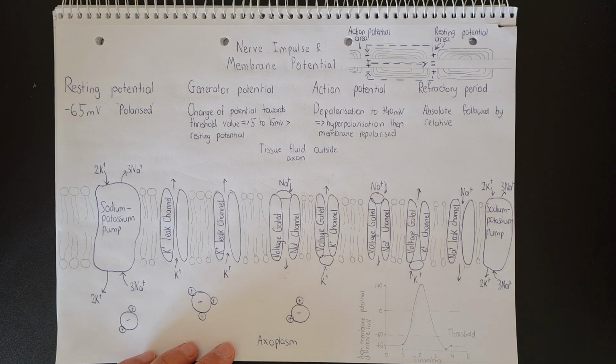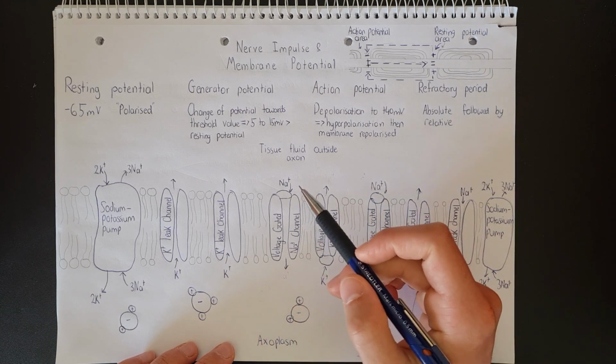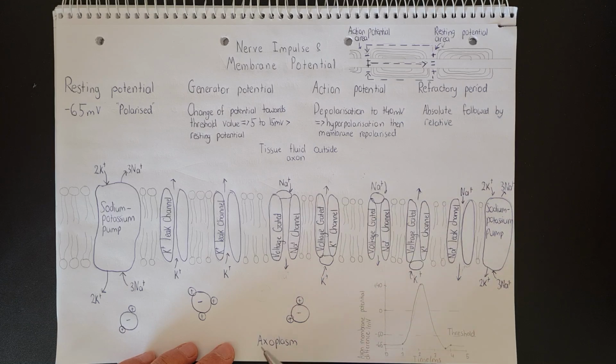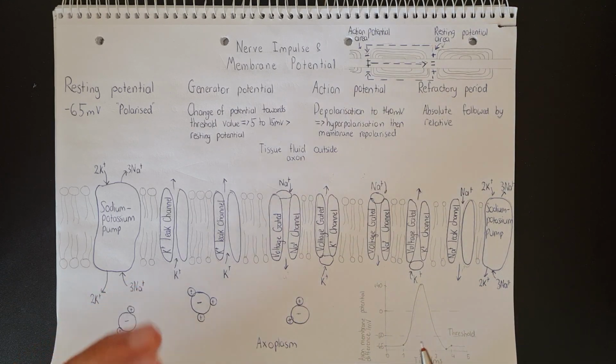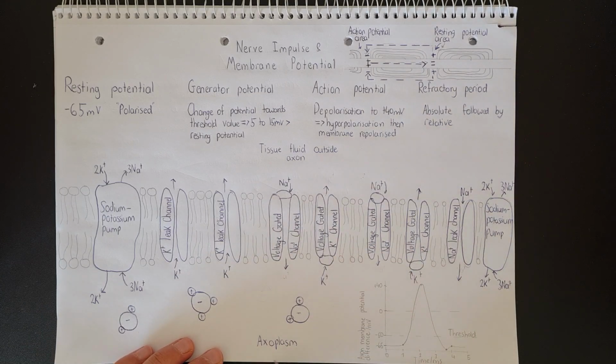Now, if sufficient sodium ions diffuse into the axoplasm, and the axoplasm becomes more positive, because we're getting positive ions coming into the axoplasm, we may be able to reach a threshold value, which is at about negative 50 millivolts.